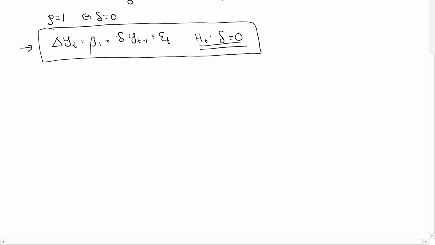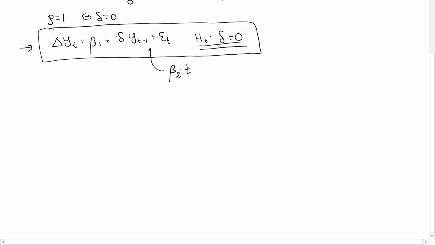Another thing one can do to this model is to add a trend to this process. So delta yt then also depends on time. We simply add beta 2 times t as an extra explanatory variable. The null hypothesis is still the same. Delta equal to 0 is the presence of a unit root.